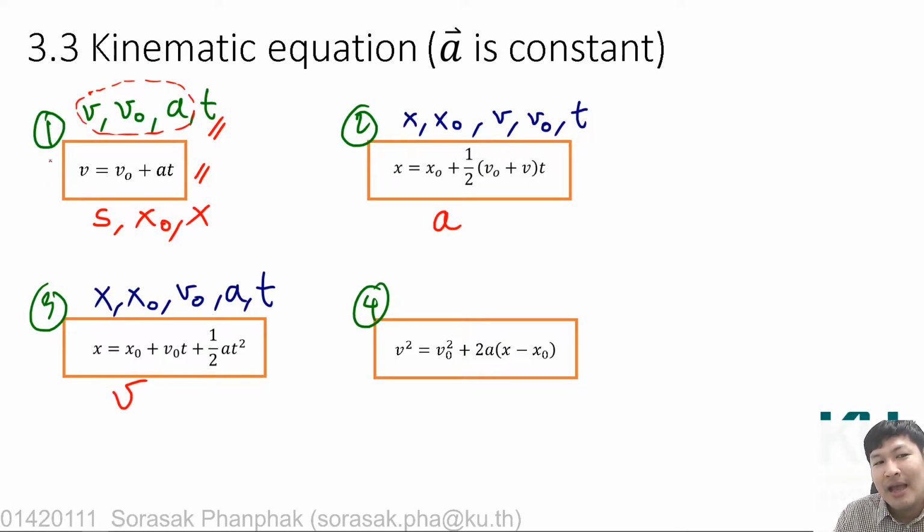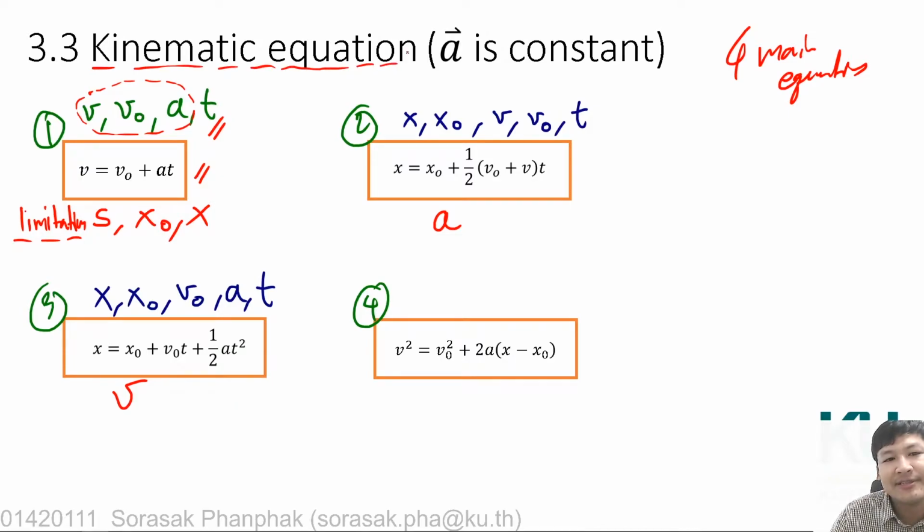You can see some limitations. The red line is like a limitation for each individual equation in our four main equations, or four main kinematics equations to be precise. For the final one, you should have the information of v0, a, and displacement or position.